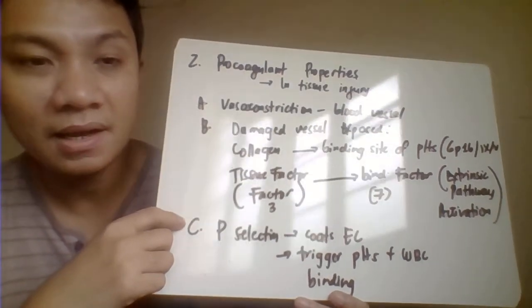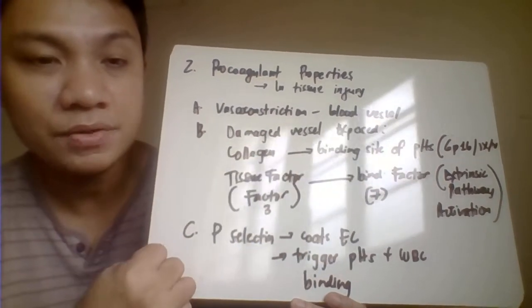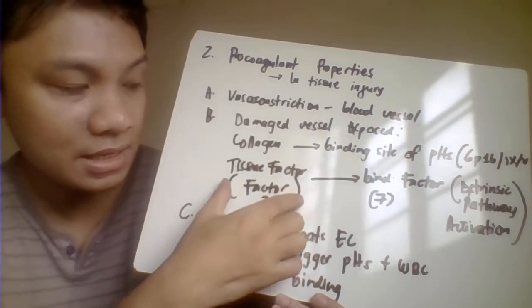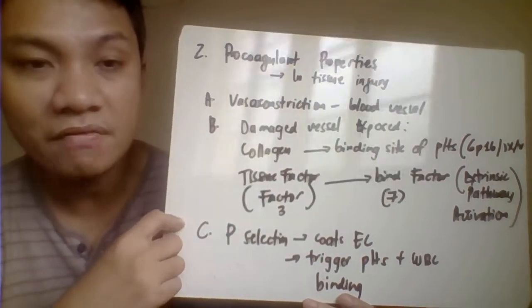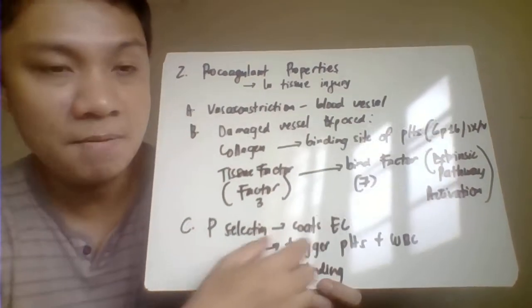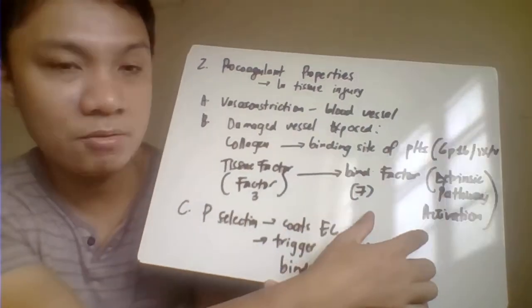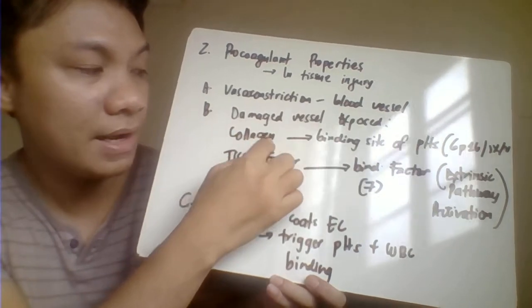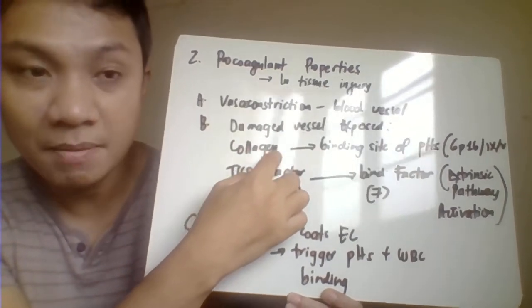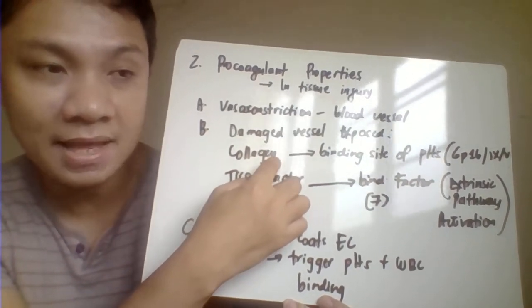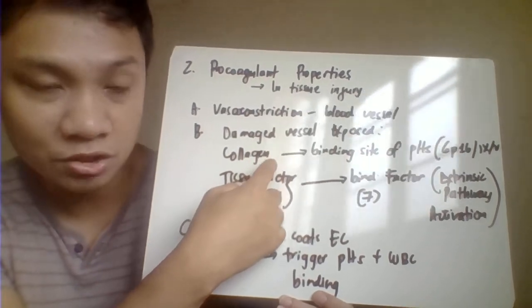Another one, pag nagkaroon ng tissue injury, it will also expose your factor 3, which is your tissue factor, which serves here as the binding site for your factor 7, activating your extrinsic pathway. Collagen, para ma-activate ang ating primary hemostasis through your platelet activation or platelet adhesion.